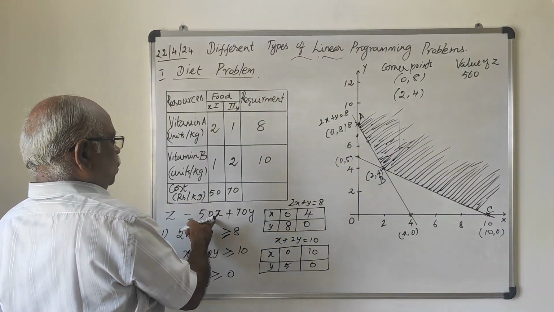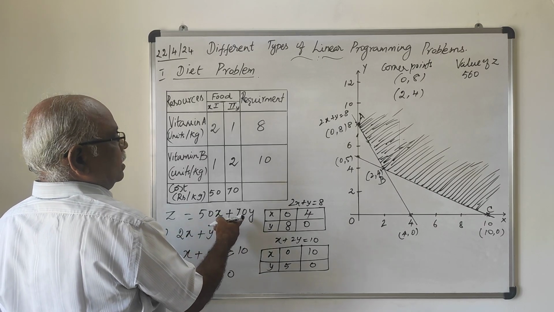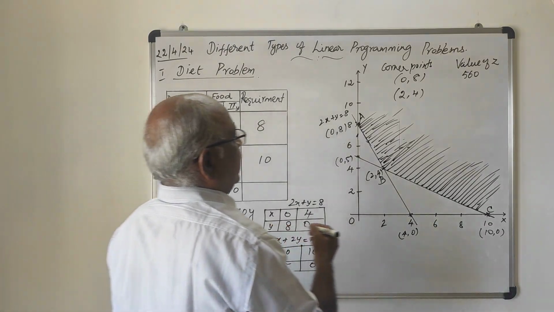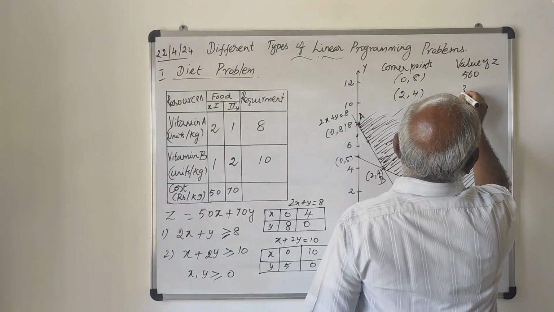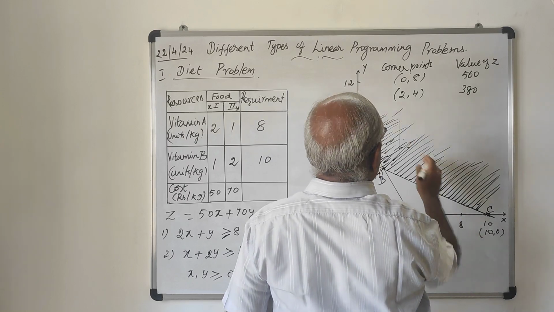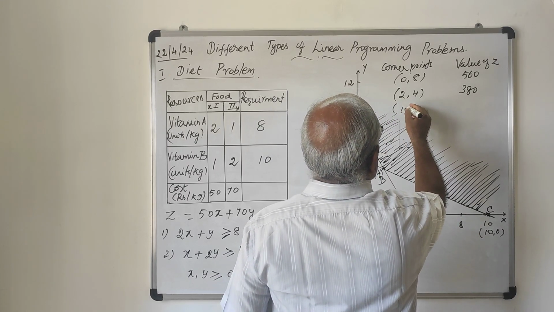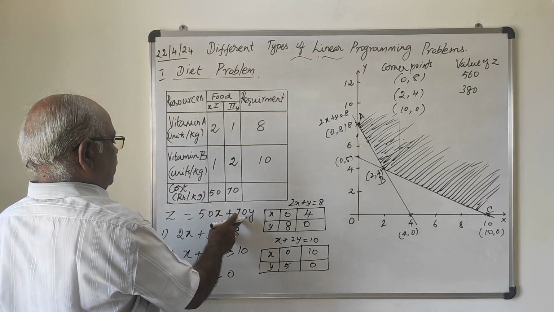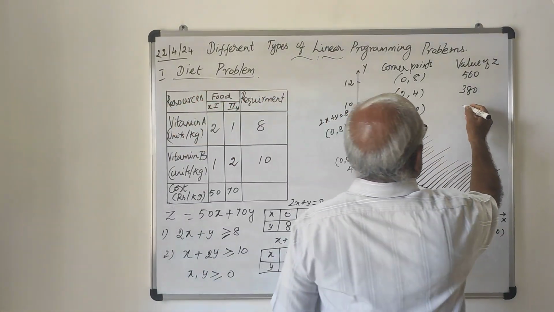If you put x equal to 2, 2 times 50 is 100, plus 4 times 70 is 280, so 100 plus 280 is 380. And the third point is 10, 0. X is 10, 50 times 10 is 500, y is 0, so 500.